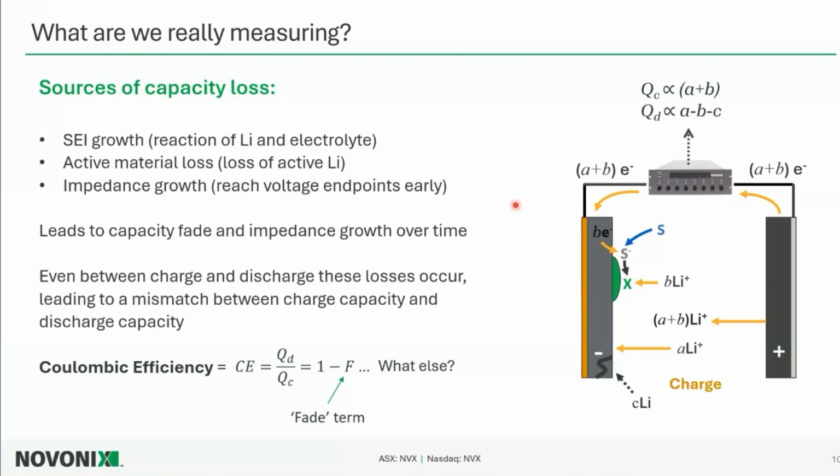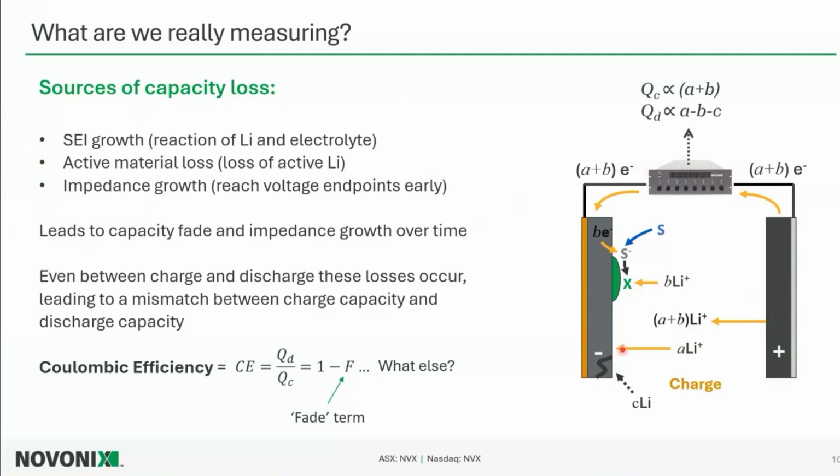So we're all very familiar with capacity loss. It's what we look at over time as cells lose capacity, some faster than others. And there are some well-known sources of capacity loss like SEI growth, active material loss, and impedance growth, and all these mechanisms lead to capacity fade. And so what this looks like during charging a cell is we're extracting lithium from the cathode by putting a current through the cell.